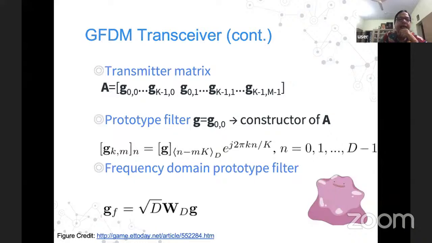So if you look at the transmitter, we use some filters. These are all the filter structures. There are M subsymbols here, and these M subsymbols are going through a transmitter matrix. So first on the first subcarrier, the Mth symbol.